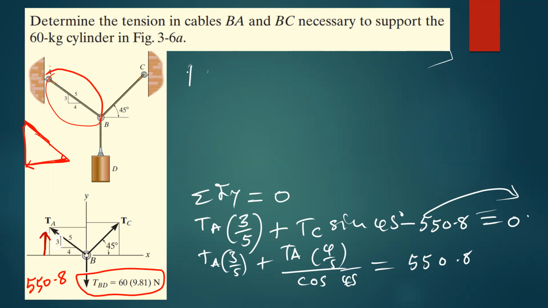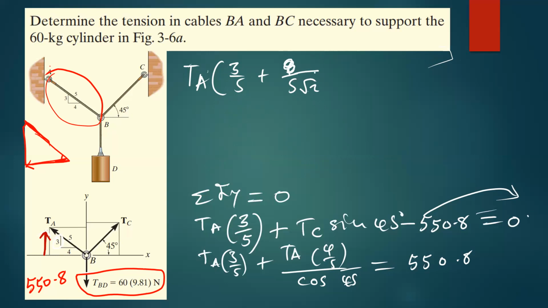So when you factorize TA there, you're going to remain with 3/5 plus 4/5 over cos 45. Cos 45, if you don't want to use a calculator, you can say √2/2, which we can also write as 8/5 √2.